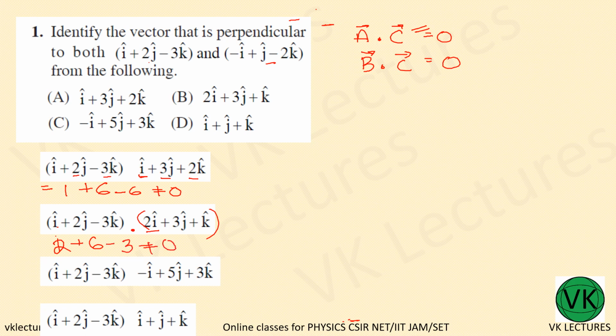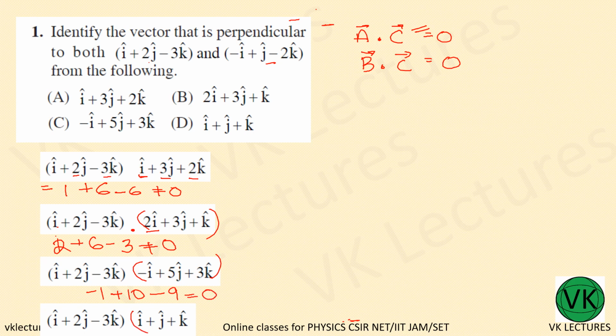Now you have the third option: i times i, that is minus 1, 2j times 5j, that is 10, again minus 3 times plus 3, that is minus 9. So that is equal to 0.